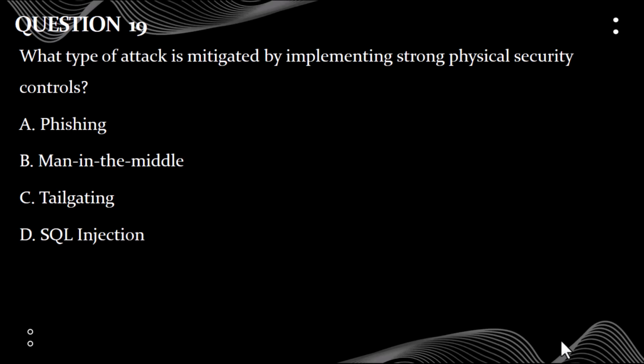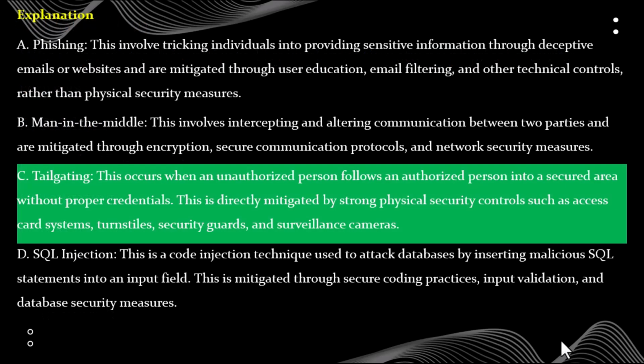The last option, the SQL injection, is a code injection technique that is used to attack databases by inserting malicious SQL statements into an input field. So, based on the question, the type of attack that will be mitigated by implementing strong physical security controls is option C, tailgating.